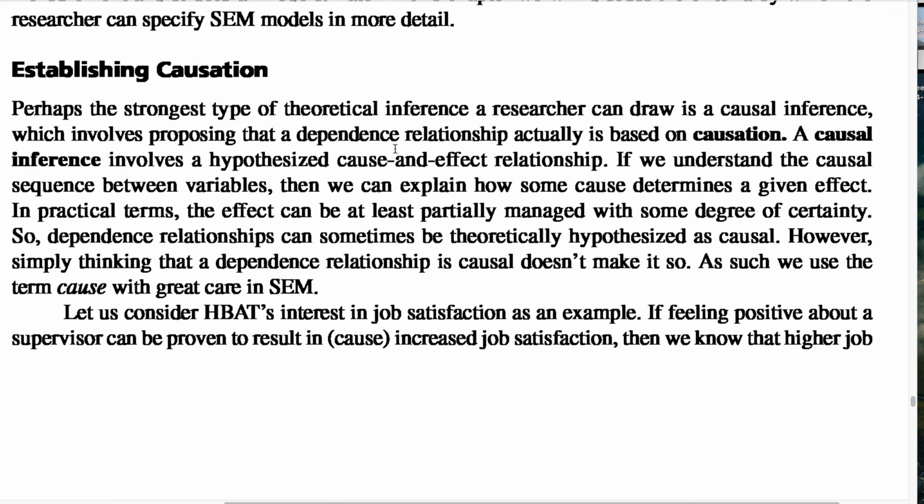In practical terms, the effect can be at least partially managed with some degree of certainty, so dependence relationships can sometimes be theoretically hypothesized as causal. However, simply thinking that a dependence relationship is causal doesn't make it so.